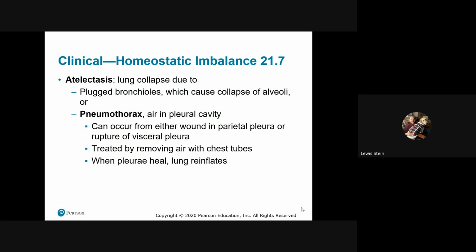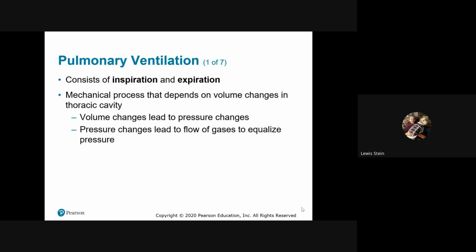With pneumothorax, wounds, or a rupture, you basically have to suck the air out. It's called putting in a chest tube. You have to reinflate the lung by sucking the air out, and then gradually that lining will heal, and you can remove the tube, and it will eventually heal over completely. And that's done a lot.